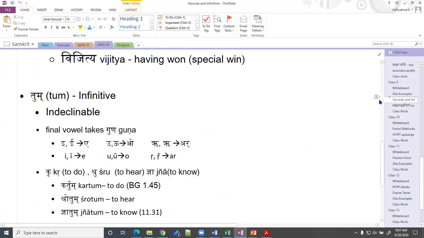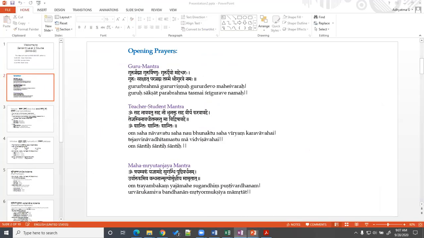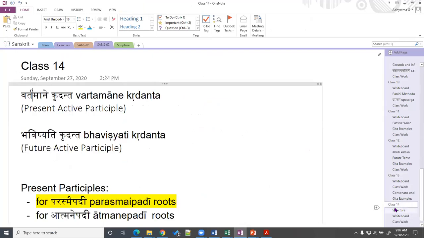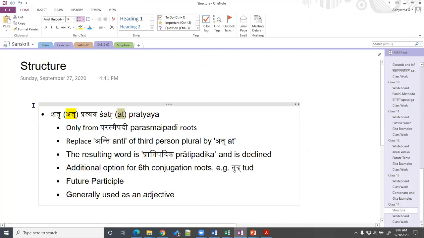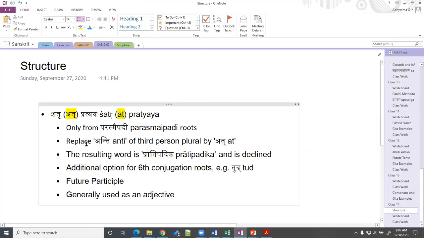That was the participle there, but of tumun, only tum remains. In the dictionary, if you find, you will be actually seeing the whole word, not just the at. So in the dictionary when you see, it will be shatru, not at. So just from that perspective, please be aware. This suffix is only from Parasmaipadi roots.